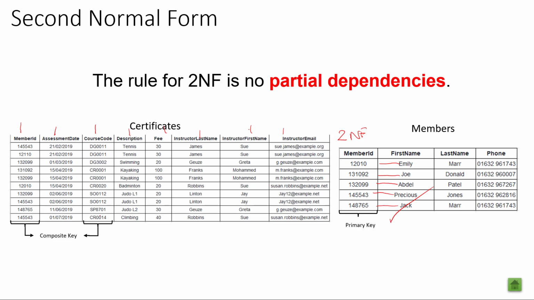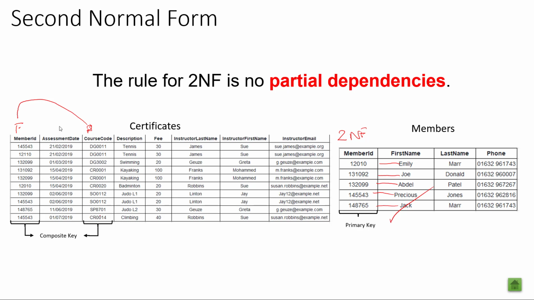So the first non-key field, let's look at the first non-key field. This one we said is a foreign key, and this is a primary key that's linking with this one. It's not primary because it's just an attribute, but we're using it as a key.